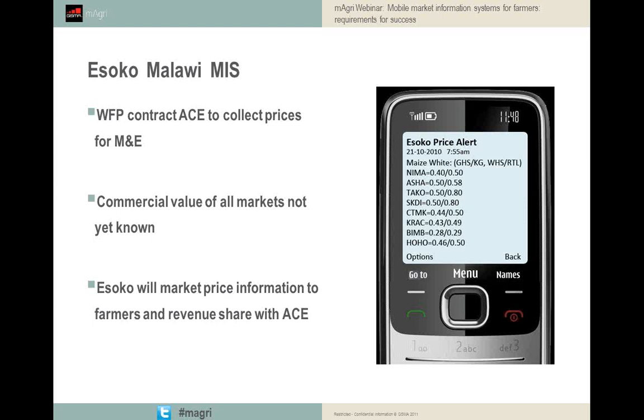What we don't know yet is the commercial value of all of these markets. And I think one question is, how many should you start with? If looking for commercial sustainability, what mix of markets is going to be attractive to potential subscribers? We can't really answer that yet.